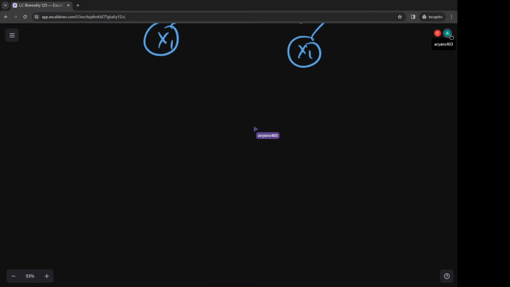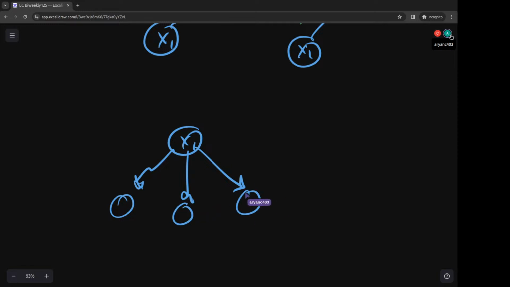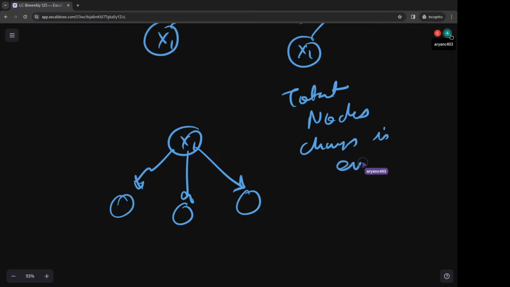I have realized we don't even need a graph here, but that's a different story. Let's say we have this x1, there are some children. Overall, whenever we are performing a flip operation, we change two nodes, right? So the total number of nodes changed is even.